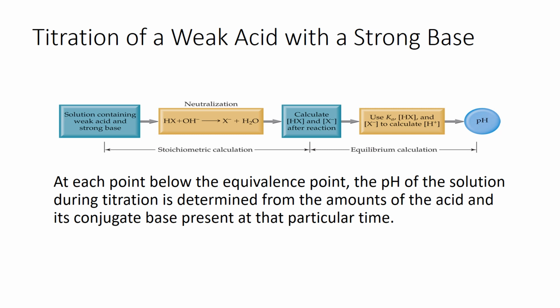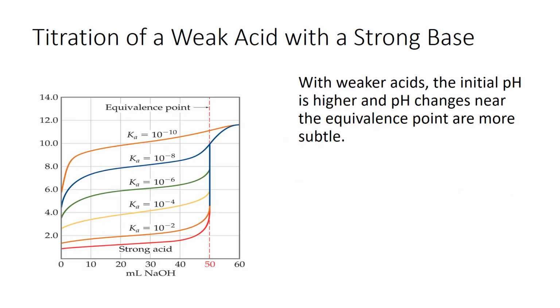So titration of a weak acid with a strong base, that is what we have there again. At each point below the equivalence point, the pH of the solution during titration is determined from the amounts of the acid and its conjugate base present at that particular time. So you look at the amount of acid and the conjugate base to help us in determining the equivalence point.